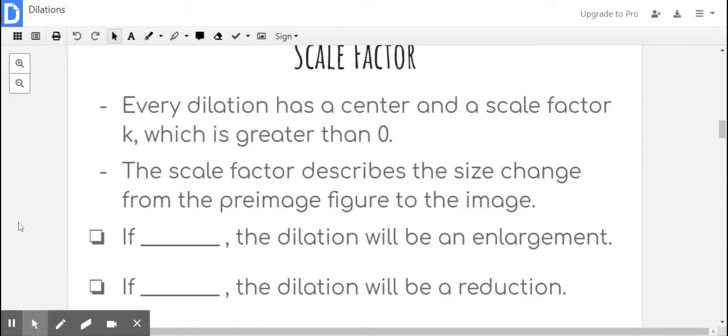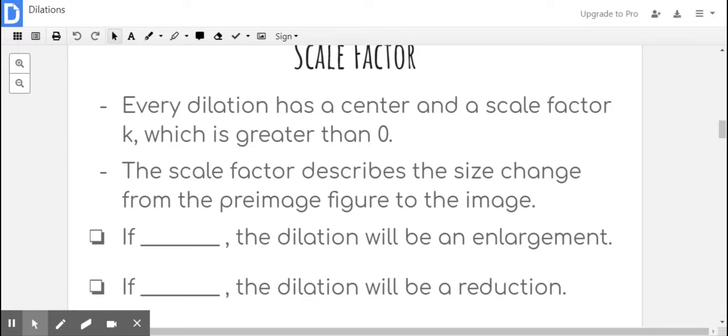Now that we've mentioned scale factor, we want to define it a little closer. Every dilation we make, where we want to make a shape bigger or smaller, has to have a center that the dilation is coming from and based on. A lot of the time, this is going to be the origin. The other part is the scale factor, which is usually represented by the letter k.